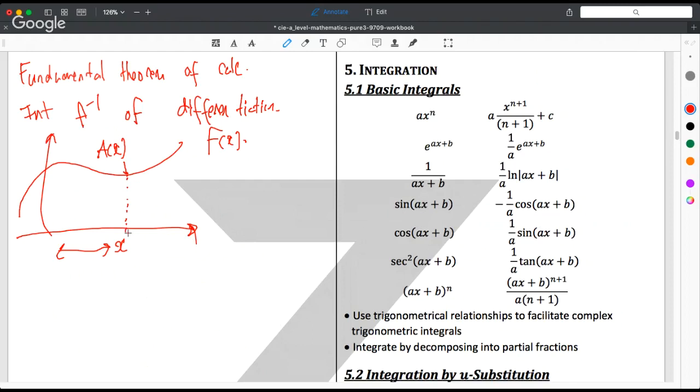What are some of the properties of A of x? Well, if we increase x by a little bit, we're at a new point, x plus dx, so the difference between these two points is dx. What is the resulting change in the area? We'll call it dA.